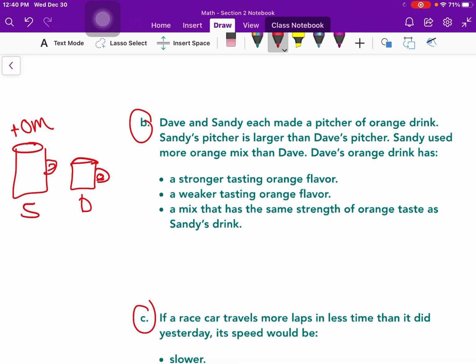So Dave's orange drink has a stronger taste, a weaker taste, or the same kind. Well, we don't know how much more orange drink. We don't know how much water is involved. So I think on this one there is not enough info for us to really make a good qualitative reasoning.